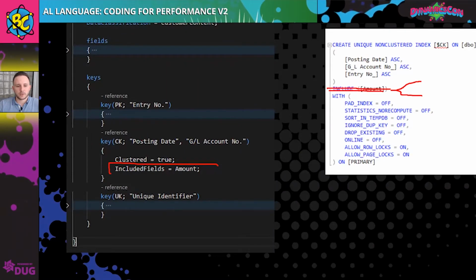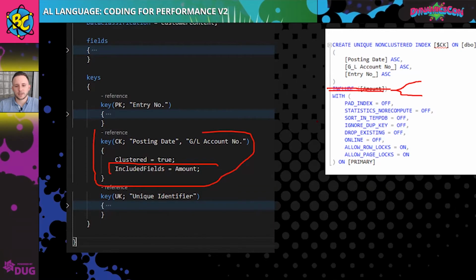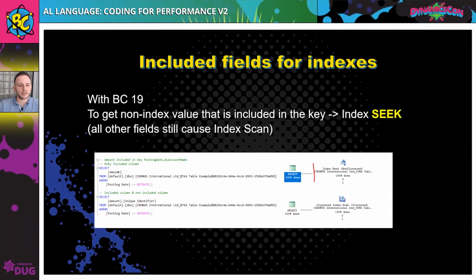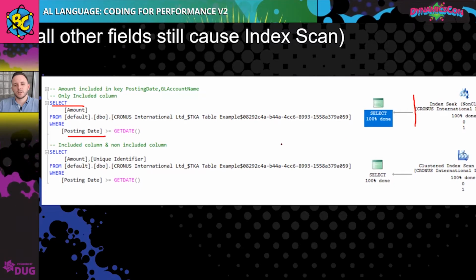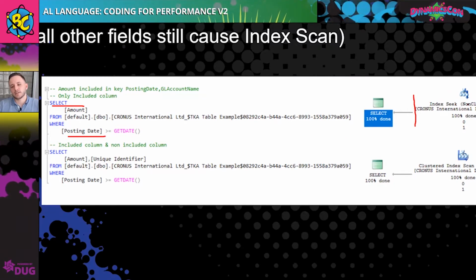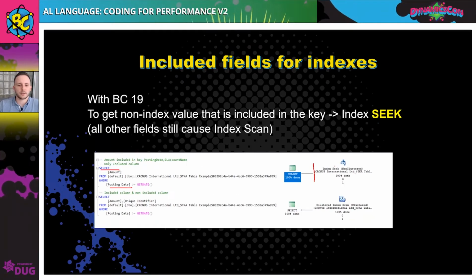So this key is translated to this key, and with this key you can cover the requested fields, amount, and posting date. So SQL Server just needs to do one index seek or more index seek based on your filters and number of records on the table.